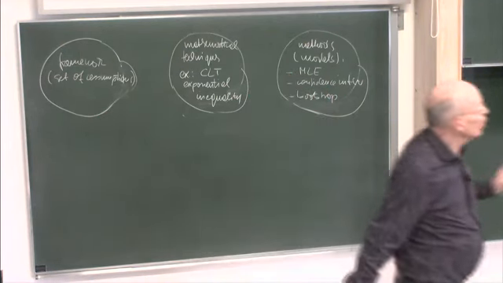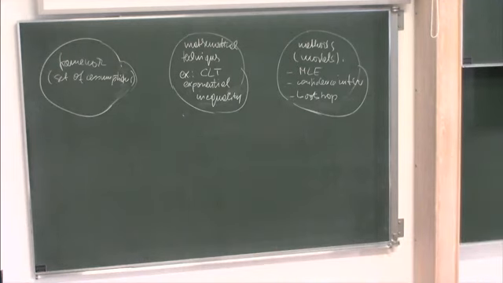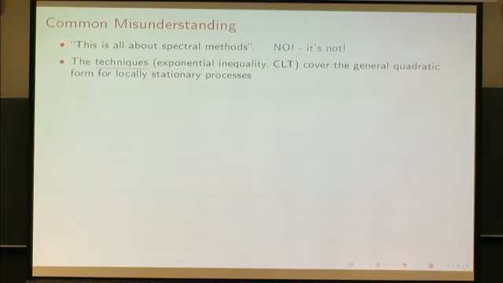This is the framework in which we are working. And then there come the techniques. This is the second bubble. The techniques, exponential inequality, central limit theorem, this is the second bubble.